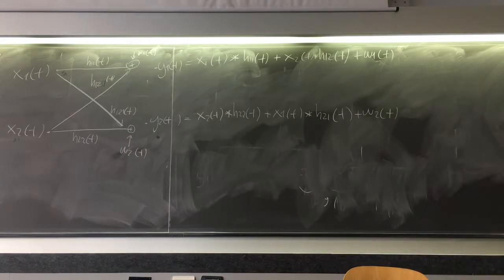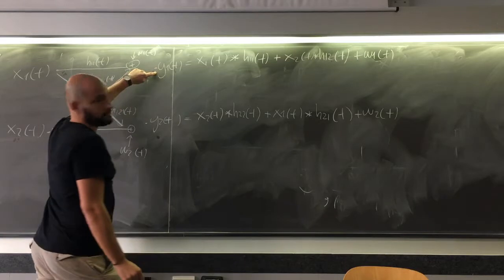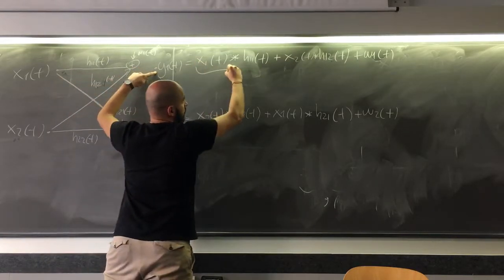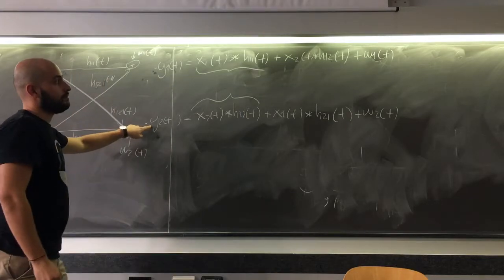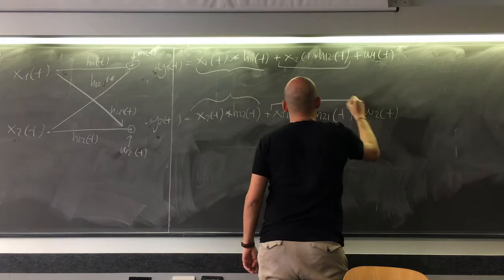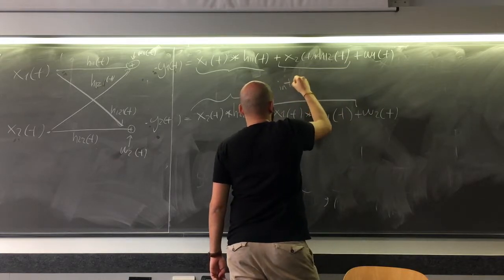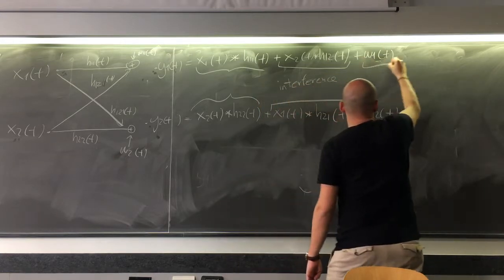So basically, at receiver 1 you get the useful signal, and at receiver 2 you get the useful signal, but you also get interference plus noise.